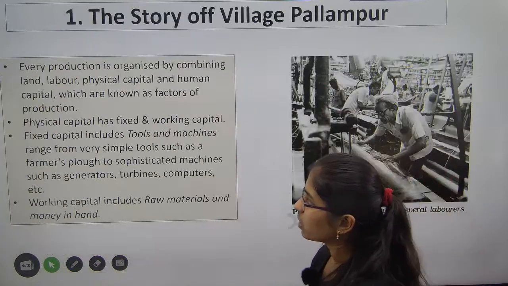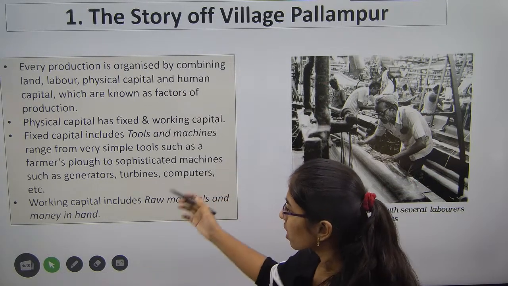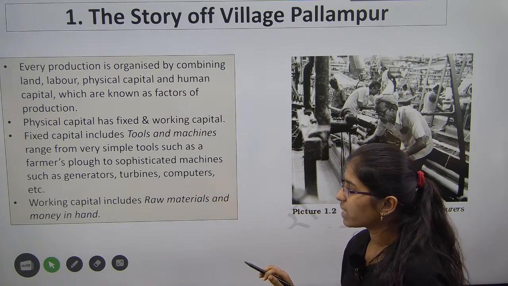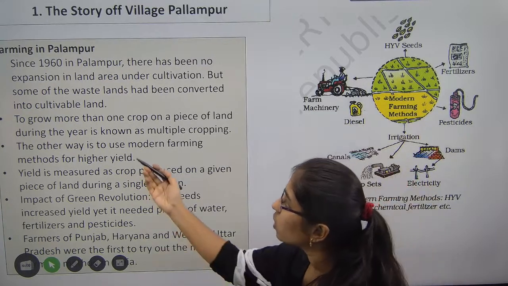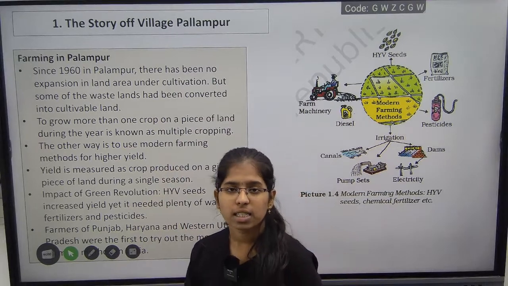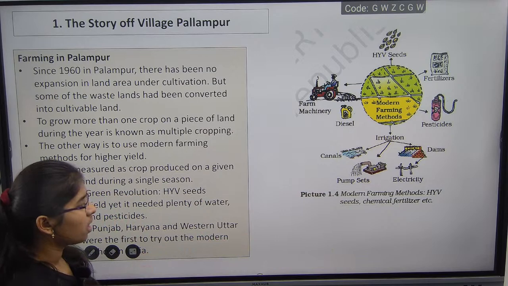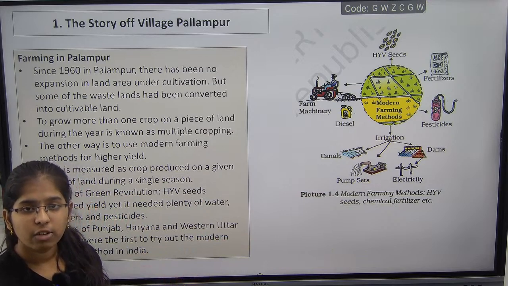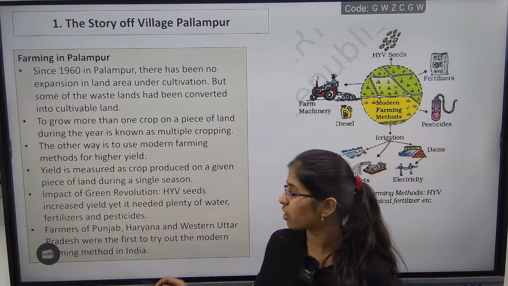What we discussed? We discussed the factors of production and its types, and some examples for that, and how farming in Palampur and some techniques for production. And we took one example from the Green Revolution, and Punjab, Haryana, Western Uttar Pradesh have benefited from modern techniques.